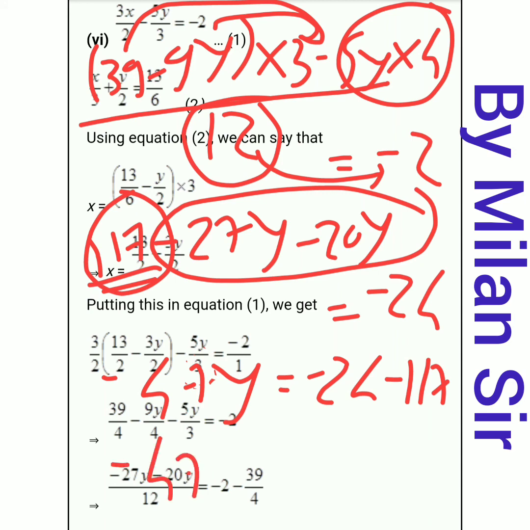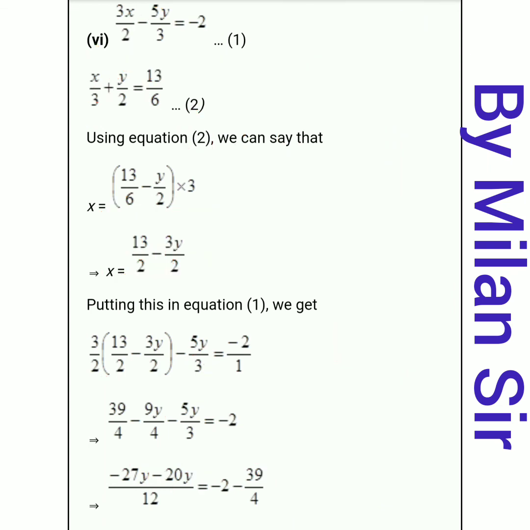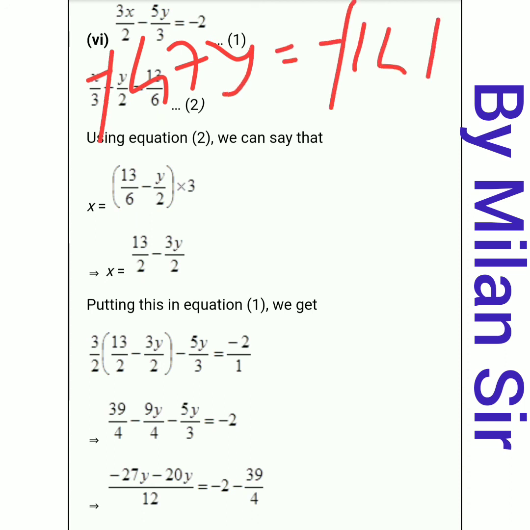So minus 47y is equals to, now right hand side, minus minus plus, 117 plus 24, it's 141, right? And sign is negative. So minus 47y is equals to minus 141. So minus minus cut from these two sides.